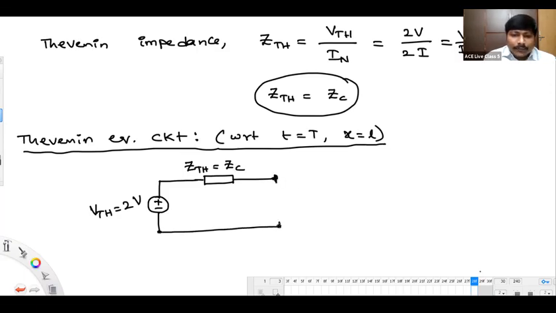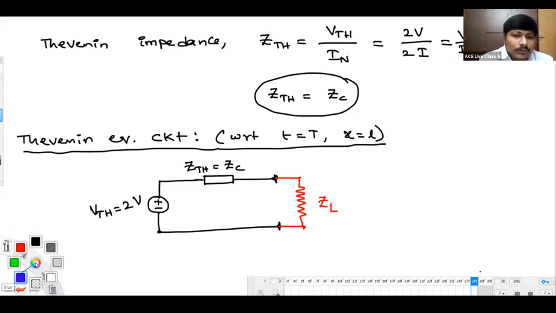So this is the point of x equal to L now. At that point x equal to L, we have to keep that load resistance ZL.